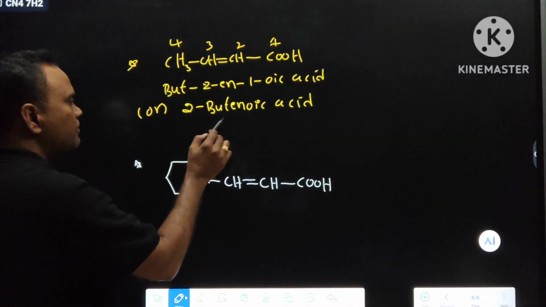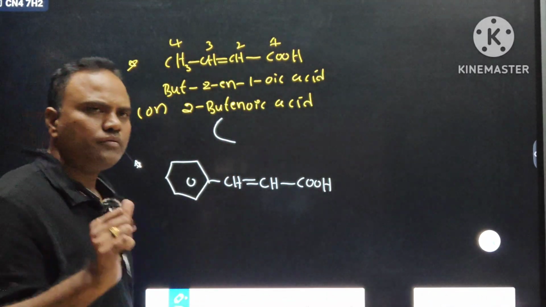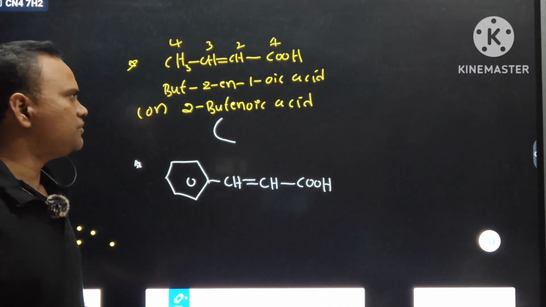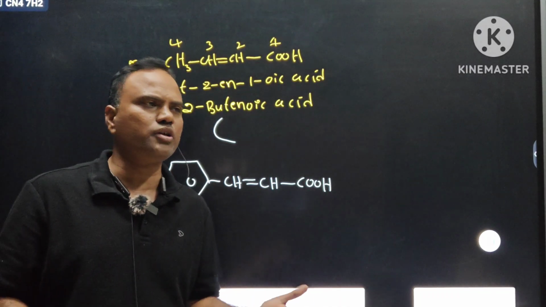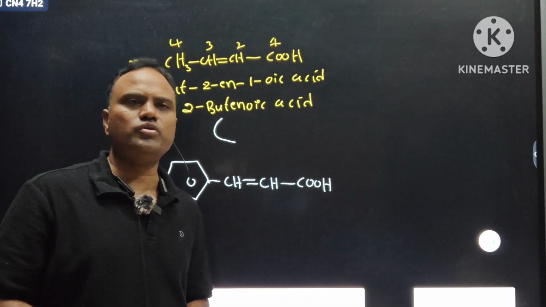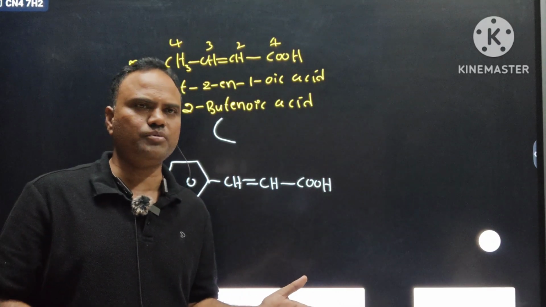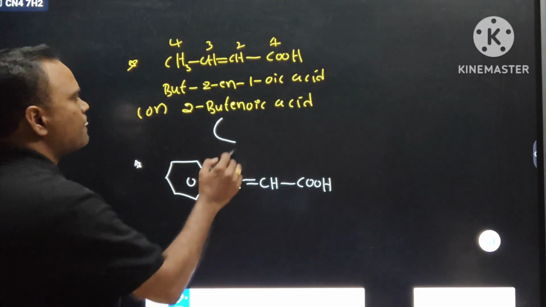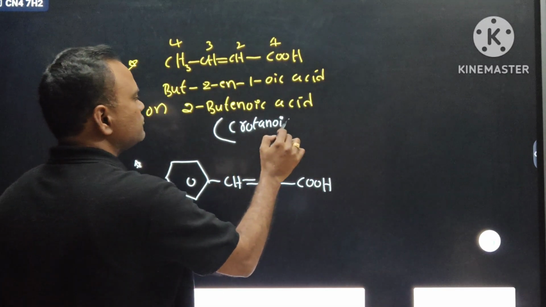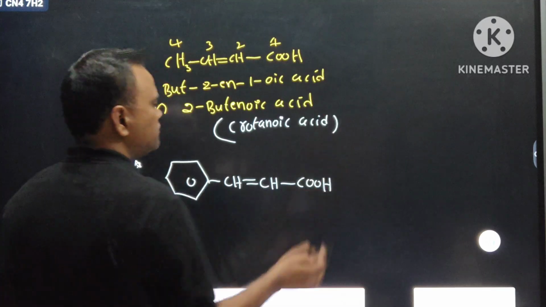Write the common name within the bracket. See, very easy to identify common name and IUPAC name. In common names, there is no root word, like but, eth, meth, prop. Mostly, you cannot see the root words. Right? Crotonic acid.